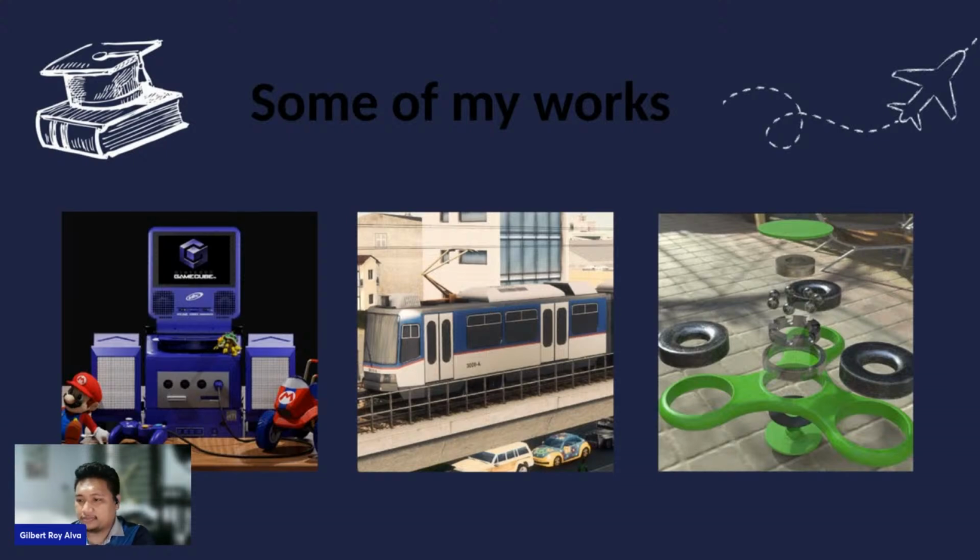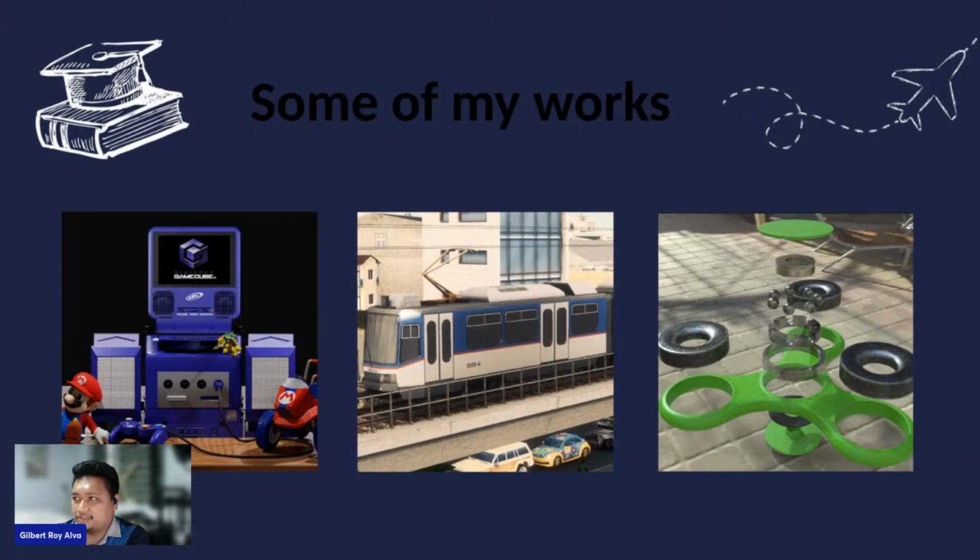The one on the right is actually neither for professional work nor a hobby. This is a learning experience for me, because you can see that this is a broken down fidget spinner.